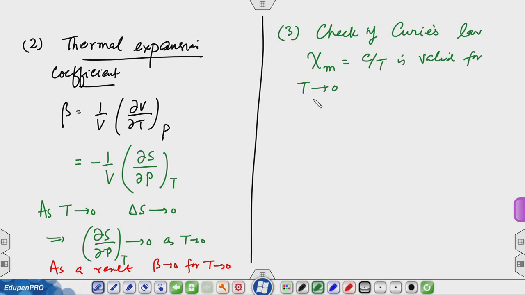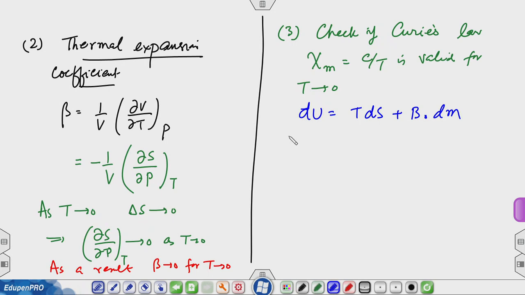Now, in this case, we will have to apply the first law or all laws involving the magnetization. So, in this case, we have dU equals T dS plus B0 dm.